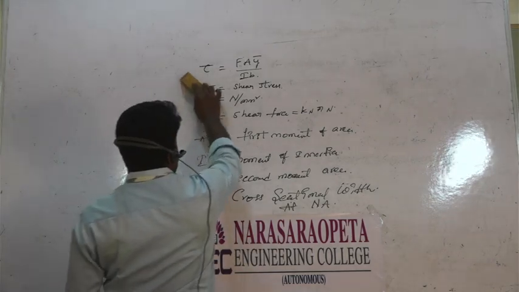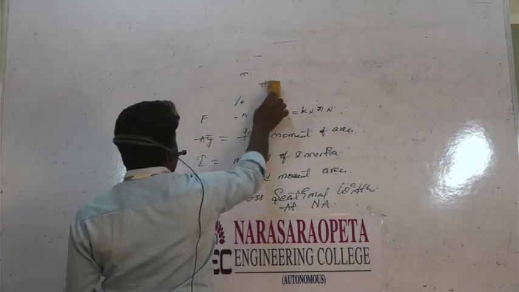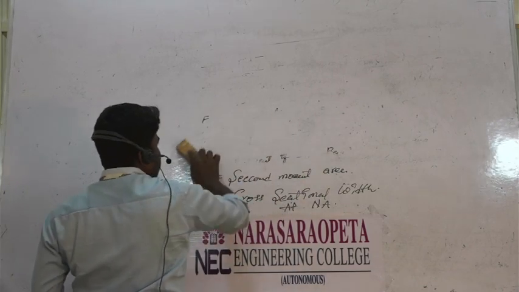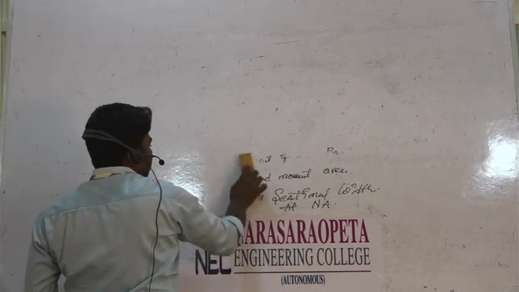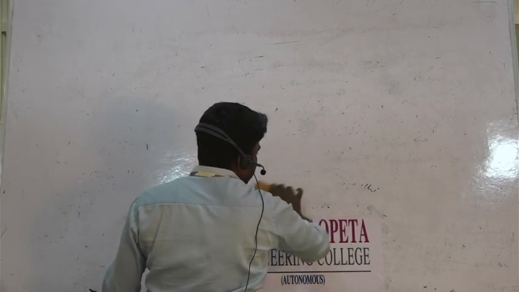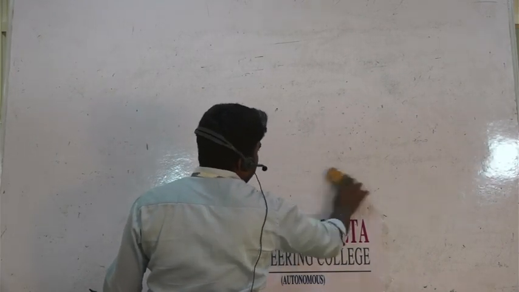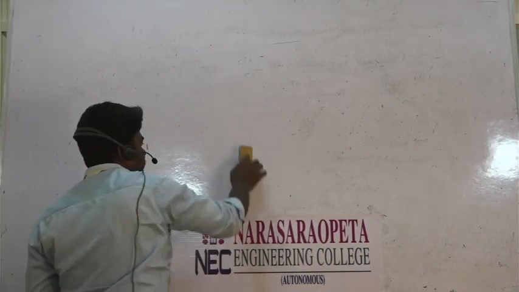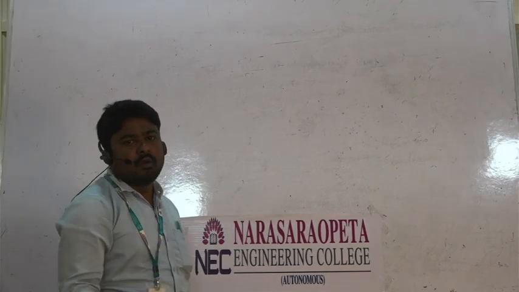These are the axial stresses, bending stresses, and finally shear stresses. These are three stresses: axial, bending, which is nothing but flexural, and shear. These three stresses are calculated by using these generalized equations, and if these values are within the limiting value, then the member has good strength.